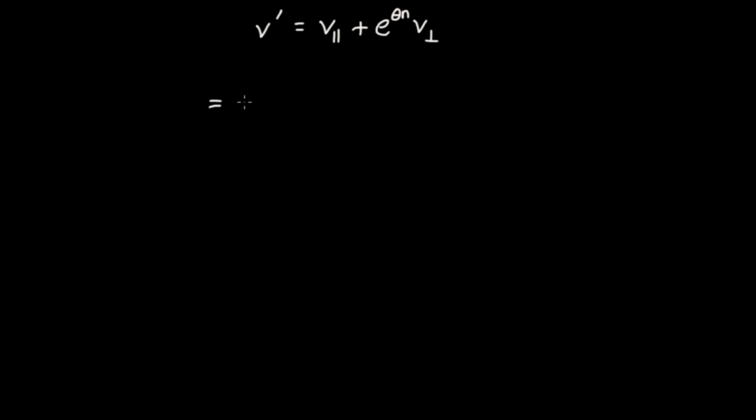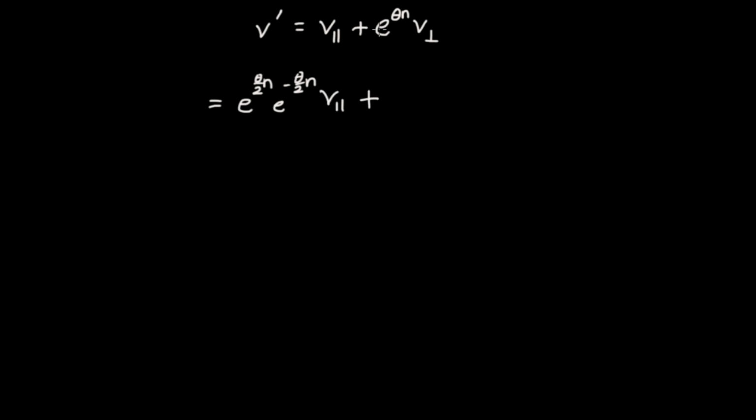And the way I'm going to write the number 1 is actually e to the theta over 2 times n, times e to the minus theta over 2 times n, and then times v parallel. As you can see here, when I take the two arguments and add them together, I just get 0, and e to the 0 is 1, so I haven't changed anything so far. So that's the first little trick.